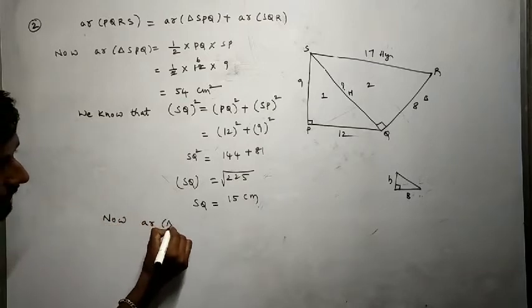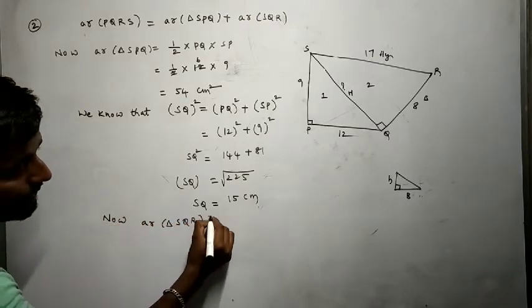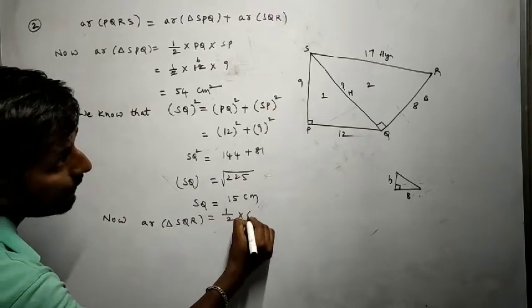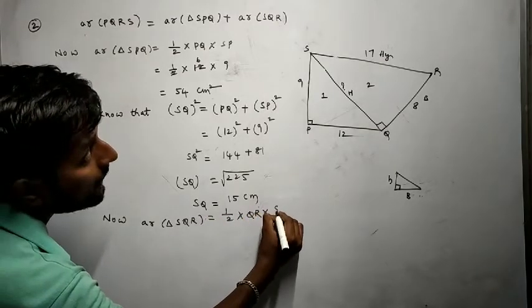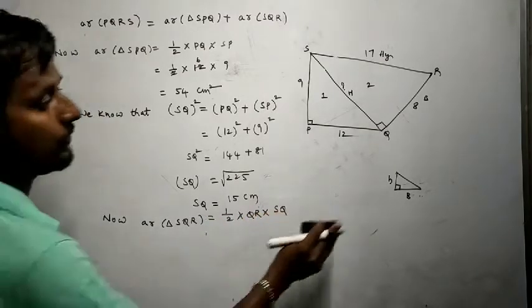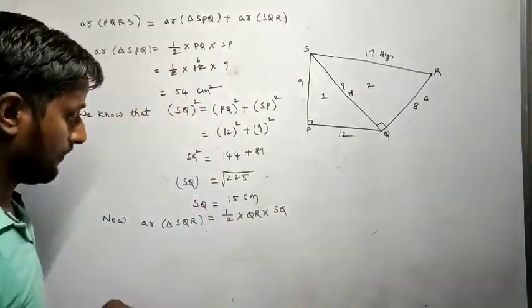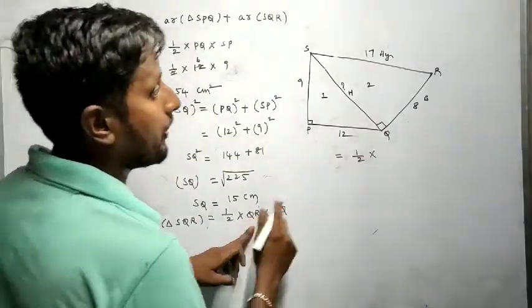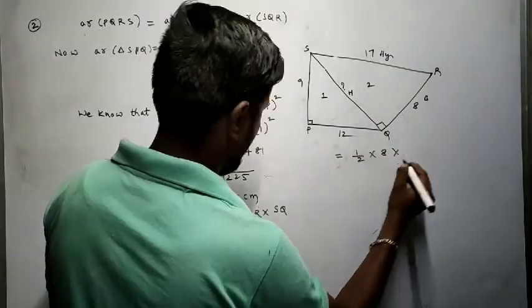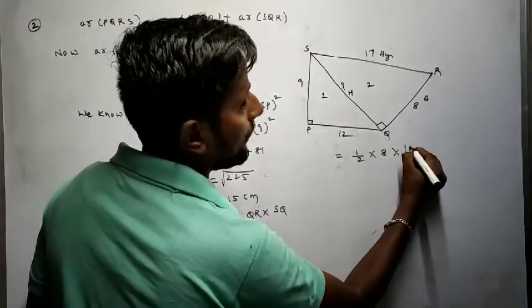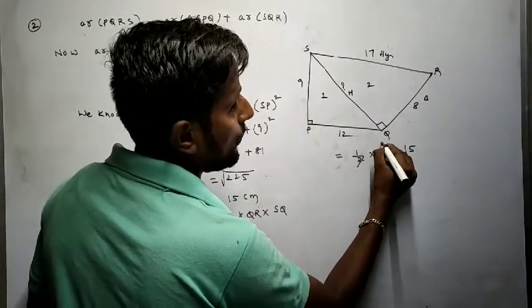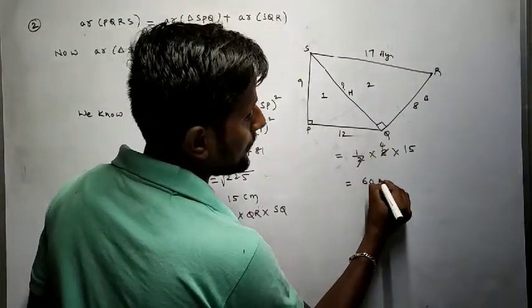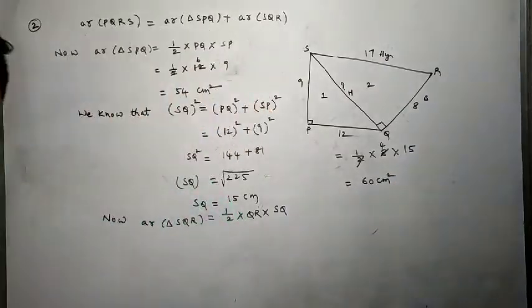area of triangle SQR is equal to half into QR into SQ, right? So here I'll simplify. Half into QR, 8, into this one we got as 15, right? So 2 4s are, so 15 4s are 60 centimeter square, right?